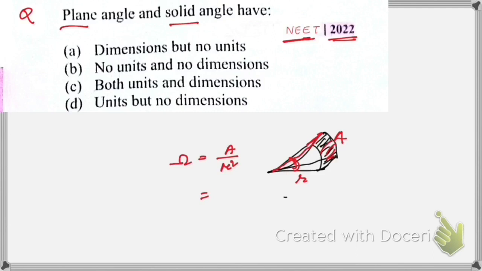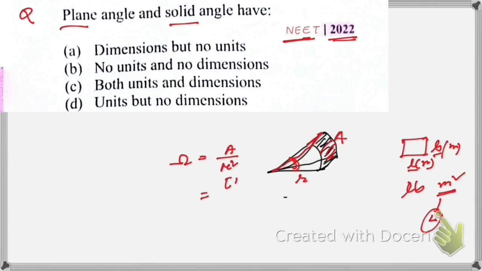What is the unit of area? Suppose this is a rectangle with length and breadth, L into B, both in meter, then it will be in meter square, right? So length and breadth are both nothing but length. Meter square means meter is the unit of length L, so its dimensional formula will be L square, right? And radius is also one kind of length, so radius square will also have dimensional formula length square. So L square is gone, and it becomes dimensionless.